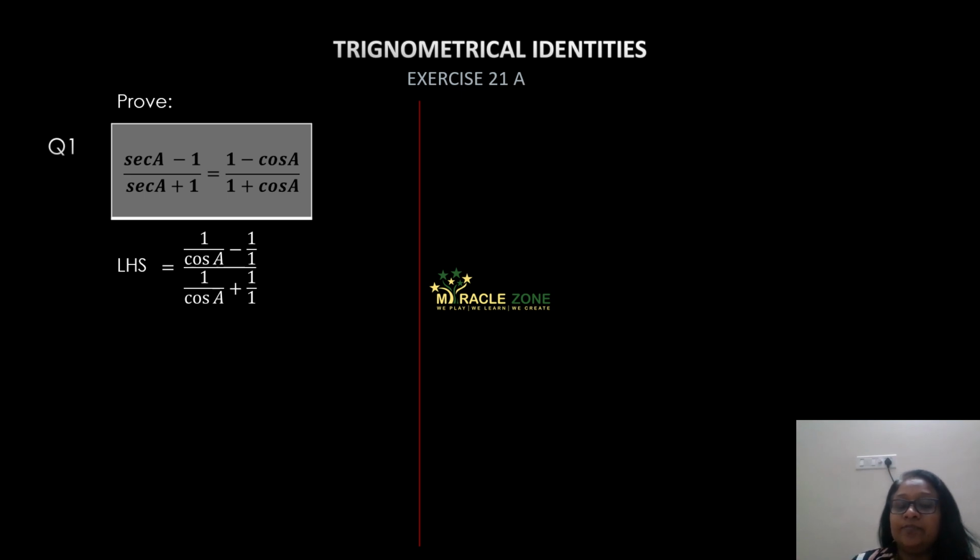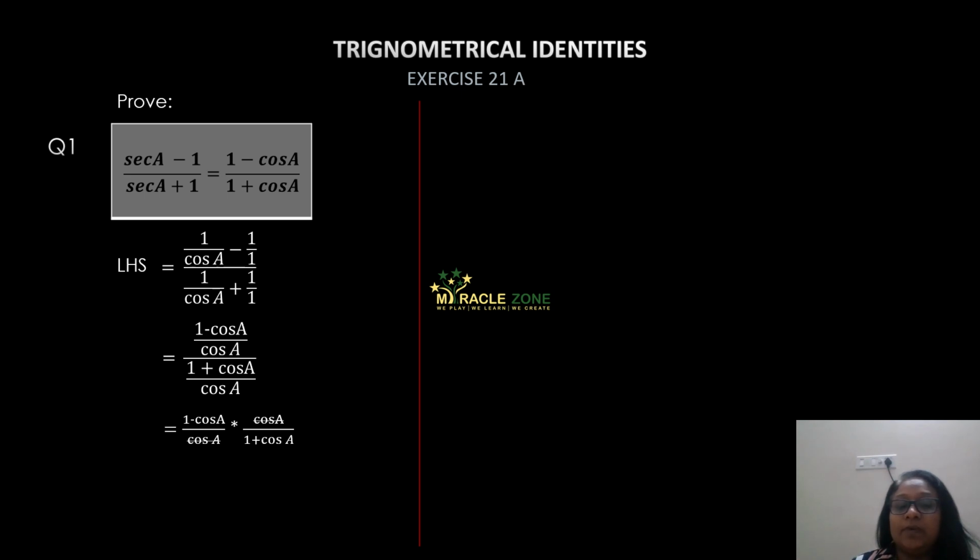So as there is an addition and subtraction symbol, we will be doing the LCM. So what is the LCM? 1 minus cos A by cos A, the whole divided by 1 plus cos A by cos A. So this cos A and cos A will get cancelled.